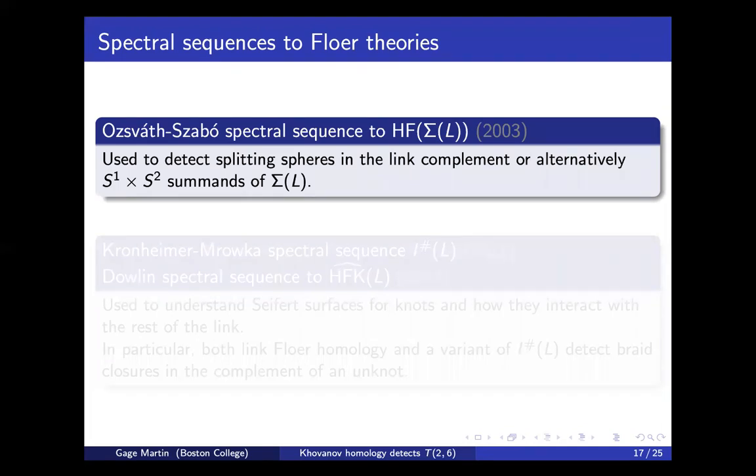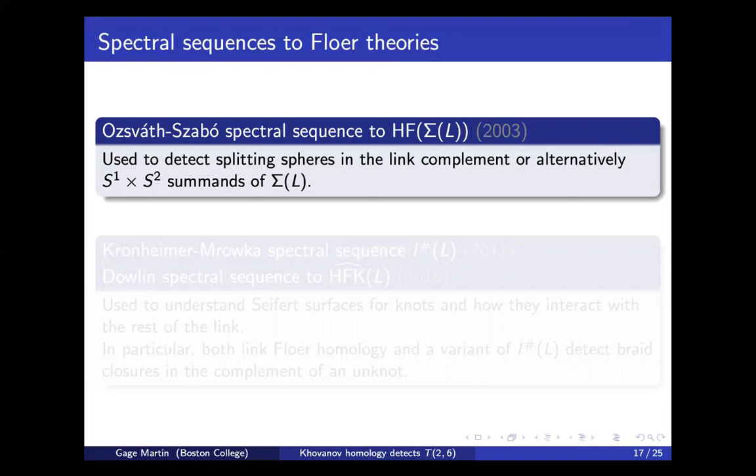And these spectral sequences and how they're used are really divided up in two ways, I think. The first would be the Ozsváth-Szabó spectral sequence to the Heegaard Floer homology of the branched double cover of a link. How this has been used is to detect splitting spheres in the complement of a link.